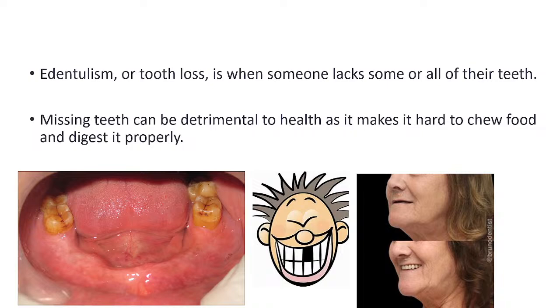So what are the causes of tooth loss? What can be the causes? One by one, let's see. We'll start from the boys' side. Tooth loss can be because of trauma. Yes. Next. Tooth loss can be because of dental caries. Very good. Tooth loss can be because of aging. So what happens with aging?